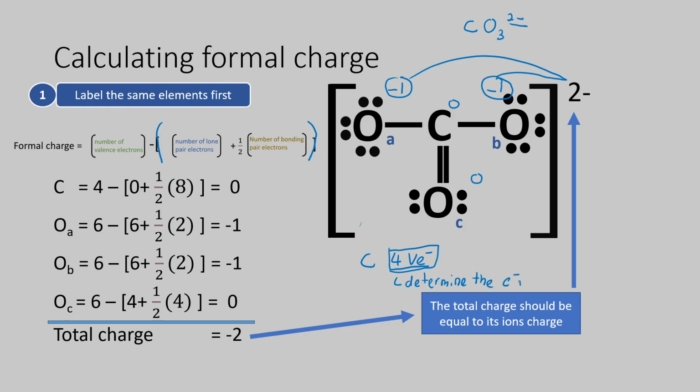The electron pairs. Okay, so if carbon has 4 electrons, it means it can have either 4 bonds, or 3 bonds and 1 lone pair, or 2 bonds and 2 lone pairs. Okay, so from formal charge, okay, this is what I want you to write.